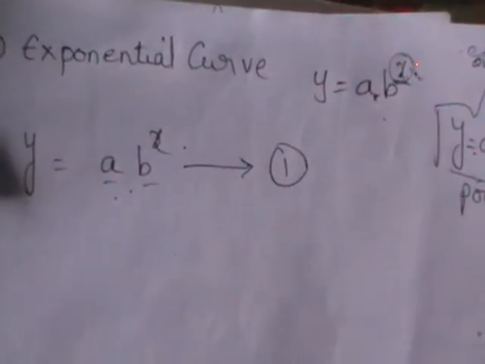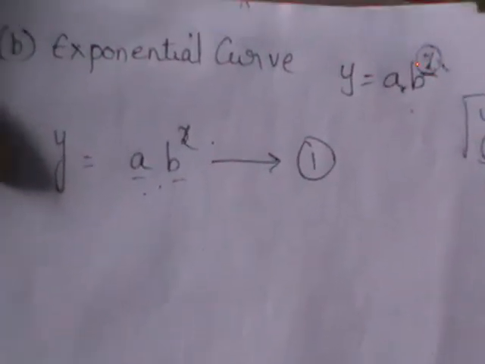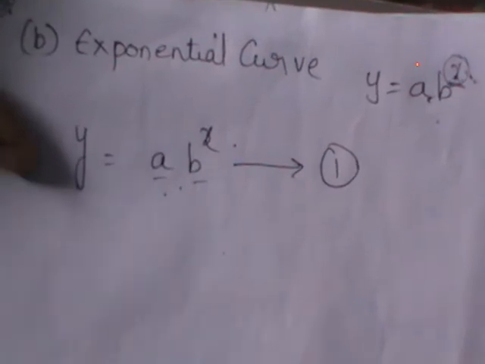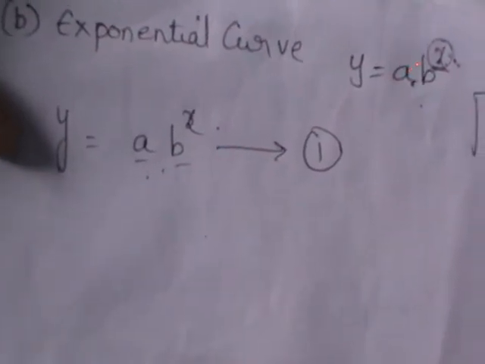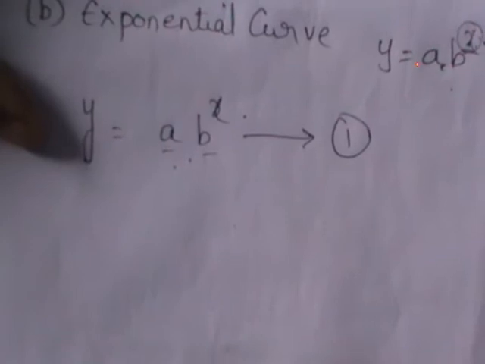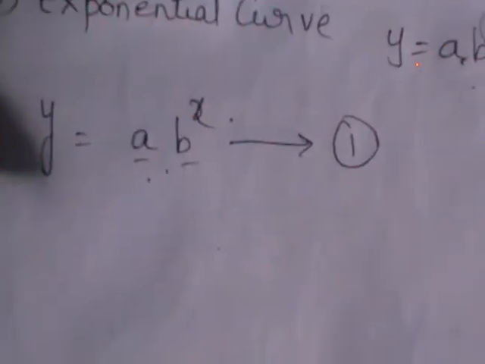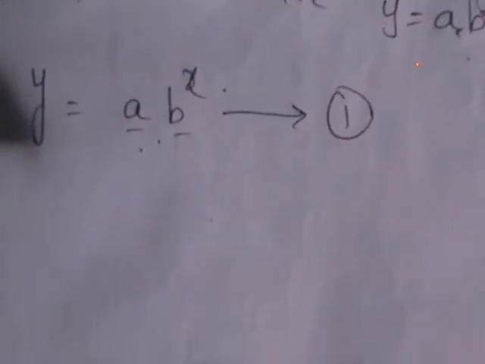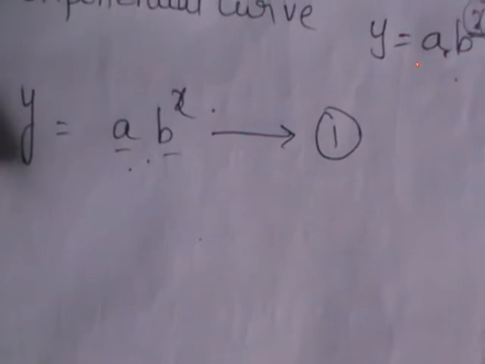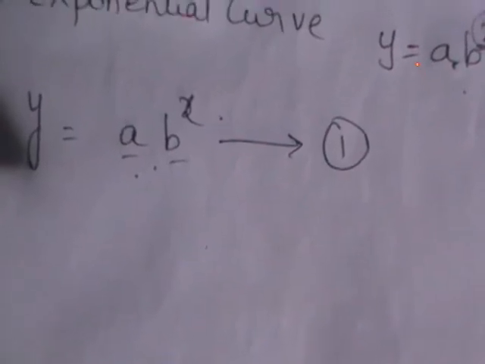b. I repeat again, for the second set of curve fitting lines like power curves and exponential curves, PLI, principle of least squares, cannot be applied directly. First we will convert that exponential form into linear form by taking logarithms on both sides.